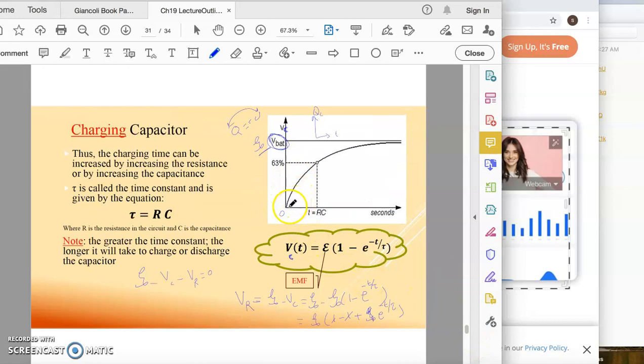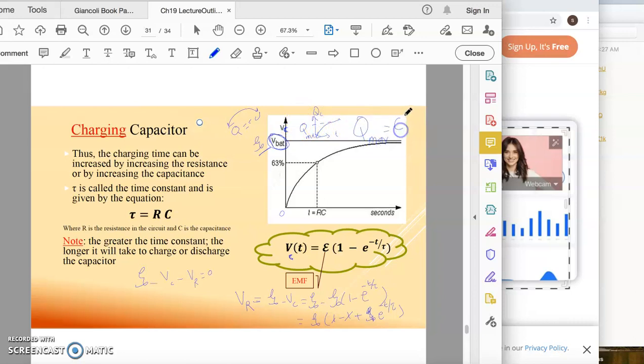While in the charging process, the maximum voltage across the capacitor will be the electromotive force, and the Q will be Q maximum. And what is the Q maximum? What is the maximum value of charge that we reach across the capacitor?